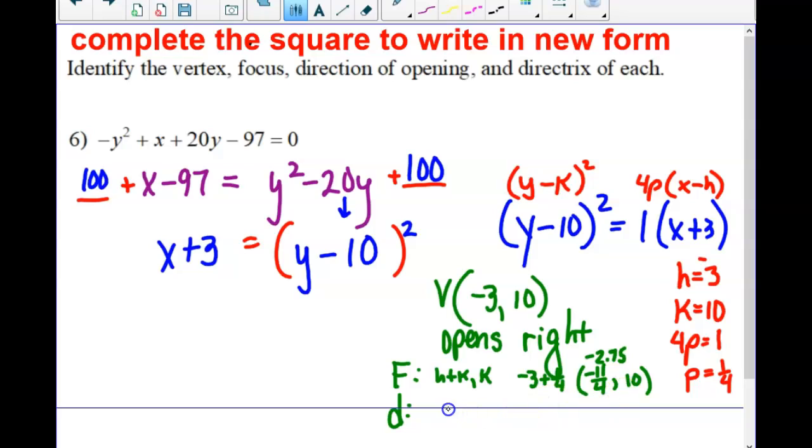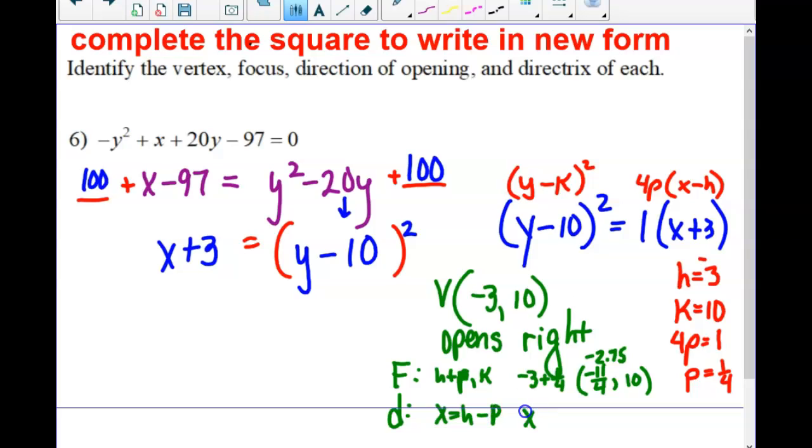And then the directrix. Let's see, this is opening left and right. It's an x equals, is that right, guys? Is it x equals h minus k? H minus p? Wow, I think I wrote k there. It's supposed to be p, right?